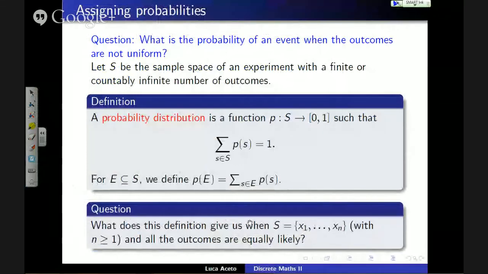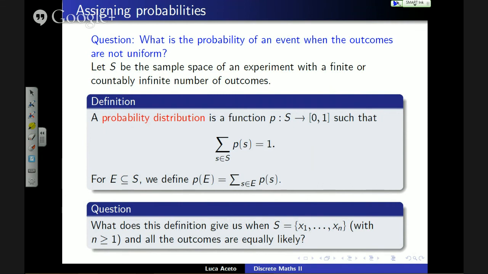An event, as usual, is a subset of the set of outcomes. It's a possible set of outcomes. So what is the probability of an event E? The probability is nothing but the sum of the probabilities of all the outcomes in the set. And of course, this definition is exactly the same as the definition that you know when all of the outcomes are equally likely.